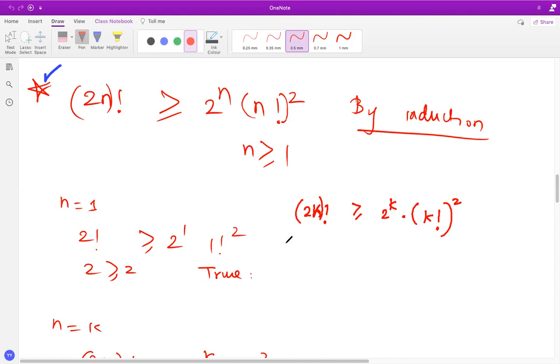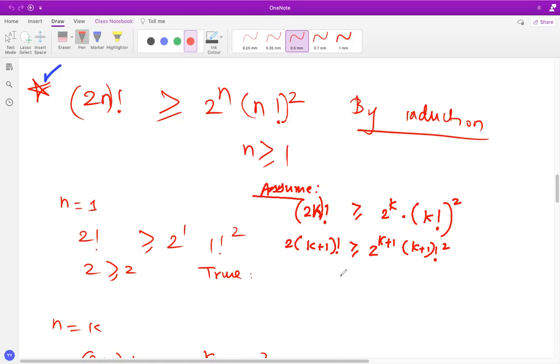Now, if this holds true, so this is your assumption, we have to prove that (2(k+1))! is higher than or equal to (2^(k+1) × (k+1)!)².